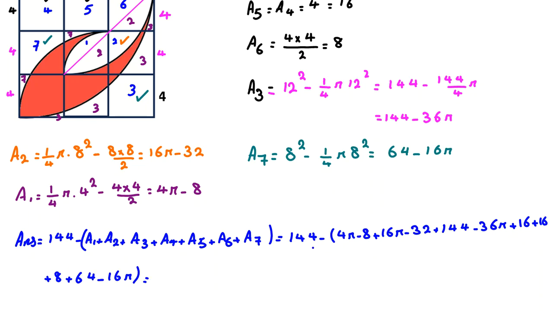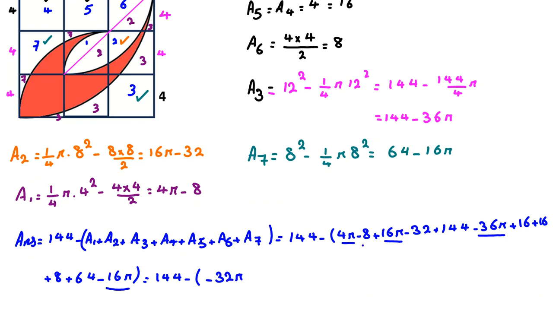Now here, it will be 144 minus. Let's consider the pi terms first. 4 pi, 16 pi, 20 pi, minus 36 pi, minus 16 pi, so 32 pi.